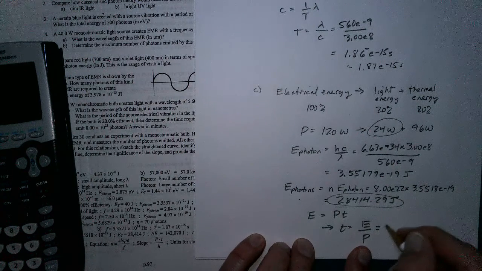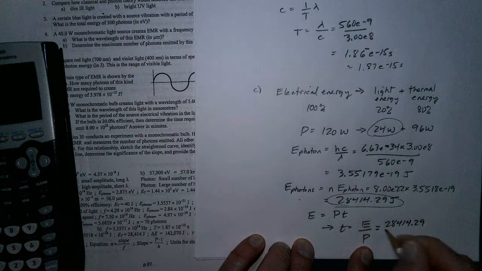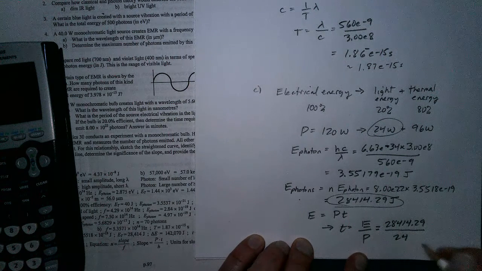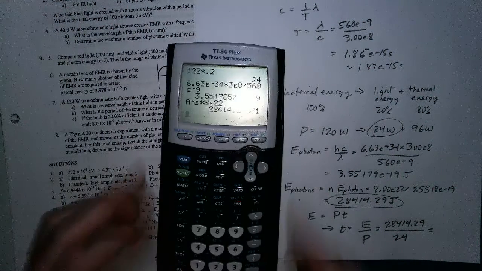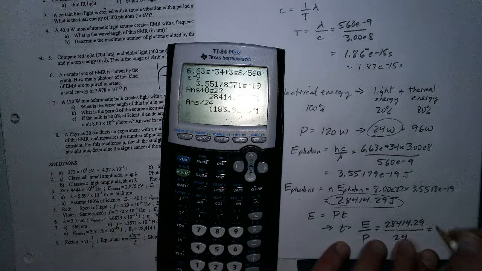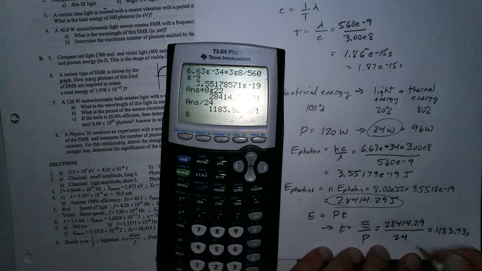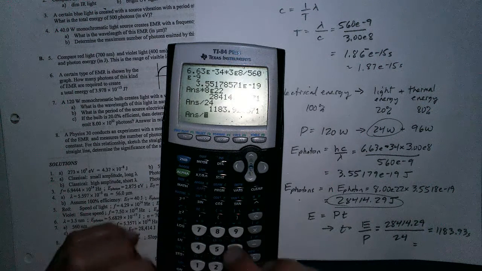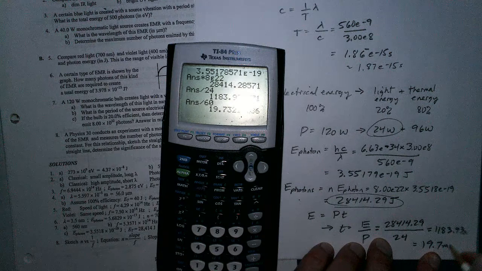So put it all in: 28414.29 divided by 24. We get 1183.93 seconds. Divide your answer by 60, because there are 60 seconds in a minute, and we get 19.7 minutes.